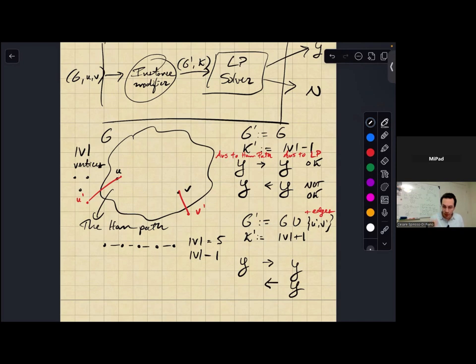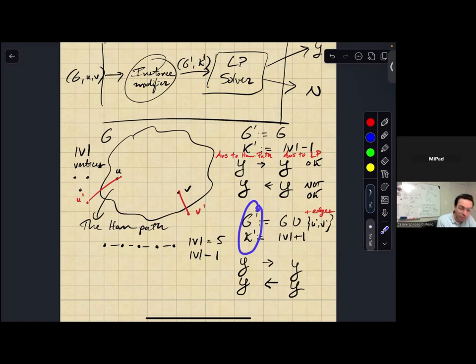Is a yes answer to my LP problem also a yes answer to my left, so an answer to the Hamiltonian path problem? Well, suppose I have that G prime and K prime, the answer to the LP problem is yes, i.e. this graph G with U prime and V prime does have a path of at least V plus 1.